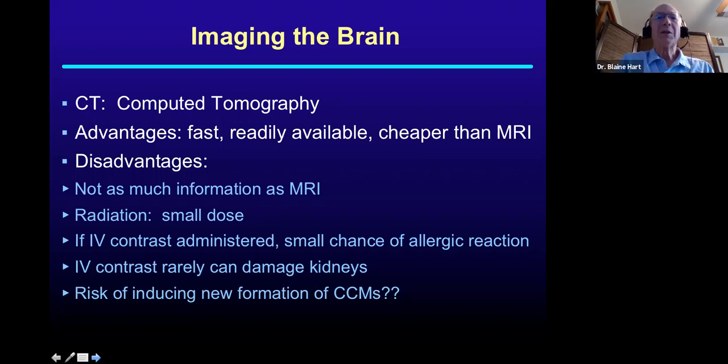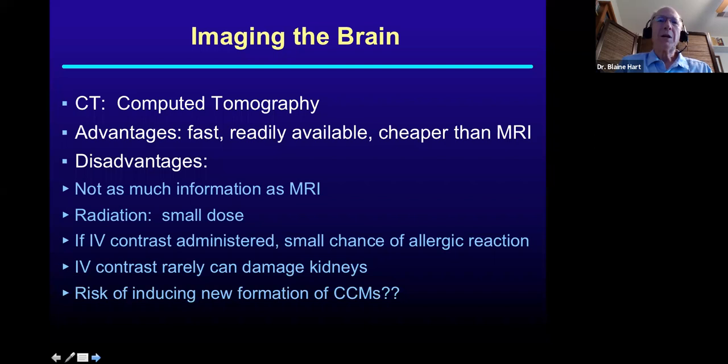Disadvantages of CT, first of all, is simply not as good as MRI for looking at the brain. It is an X-ray based technique, which means there is a small dose of radiation. It's not a large dose, but it's a consideration.